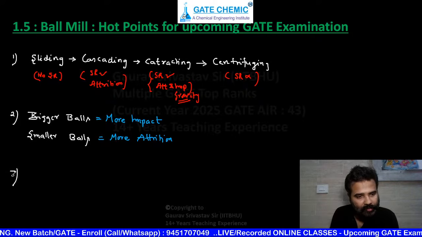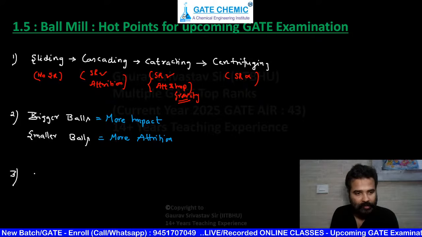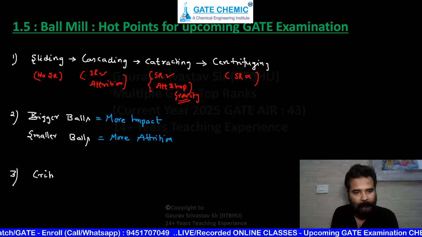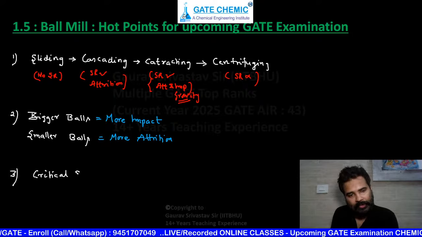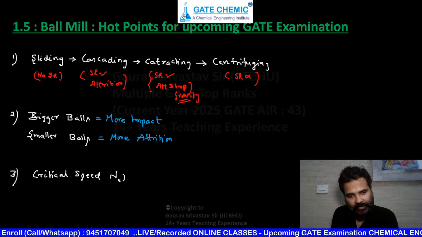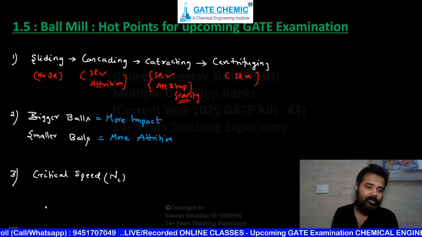Now, third one is critical speed, that is NC. What is critical speed?